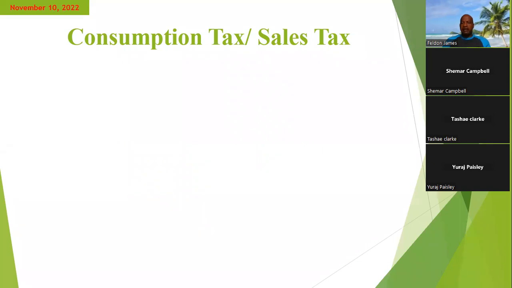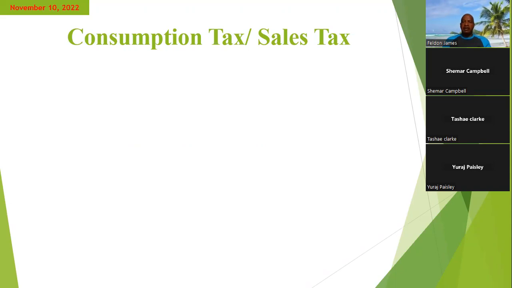So you'd have to add that value to the $500. So you calculate the 16.5%, whatever you get, you add that to the cost of the good, and that would be what you pay to the retailer.